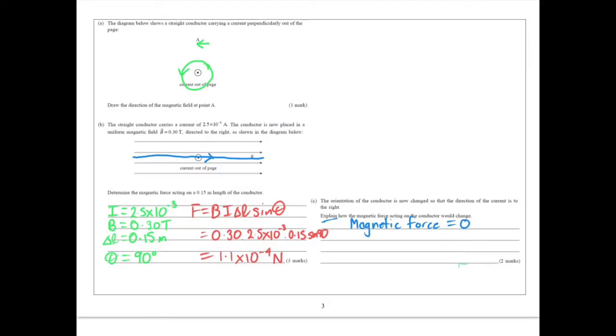We could talk about the fact that sine 0 equals 0, therefore the force equals 0. We could use the formula, so something along the lines of, theta equals 0, therefore sine theta equals 0, therefore force equals 0.